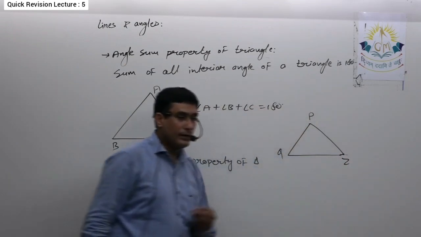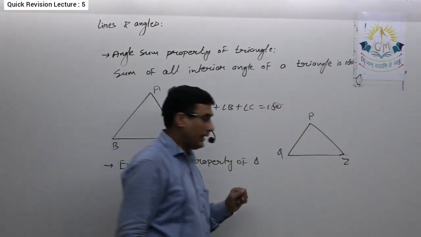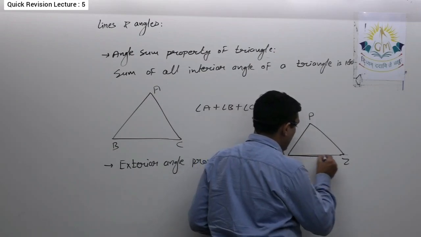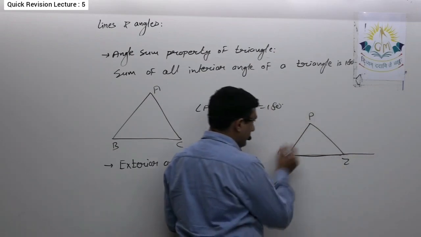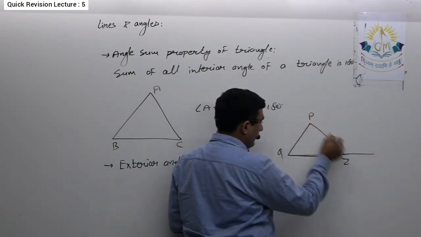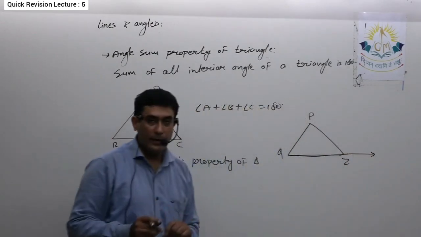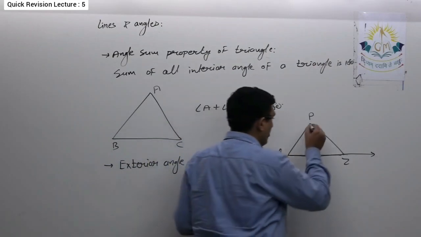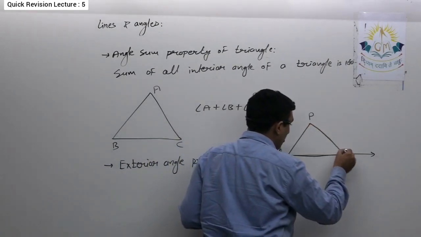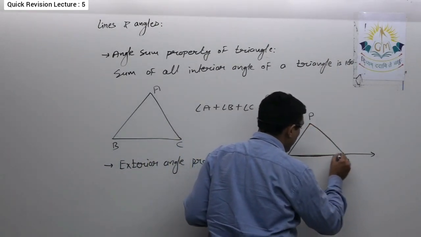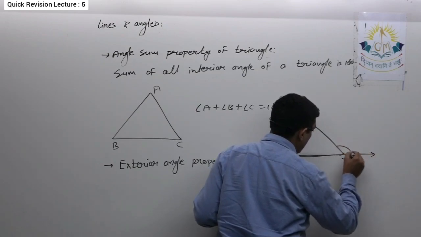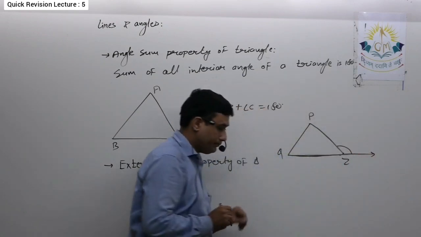If I produce any side of the triangle, the angle between one side of the triangle and the produced side is called the exterior angle.